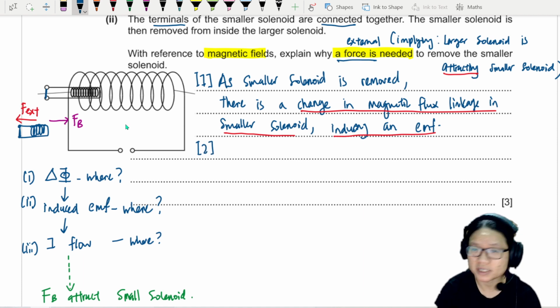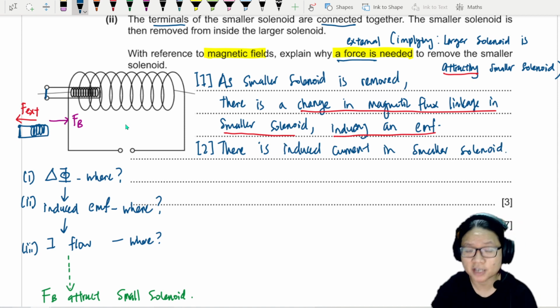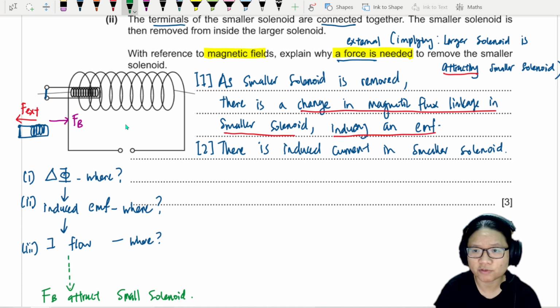Okay, number two. Due to the induced EMF, there is now induced current in the smaller solenoid. Because there is EMF, there's current flow. But what happens when there's current flow? Part of the outcome of the current flow, if you want magnetic force, is that you will have a magnetic field.